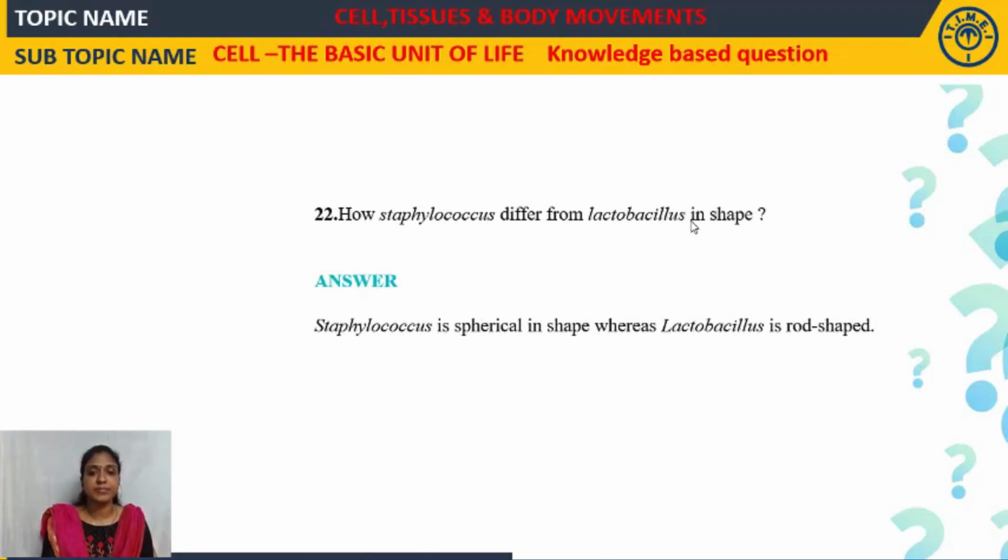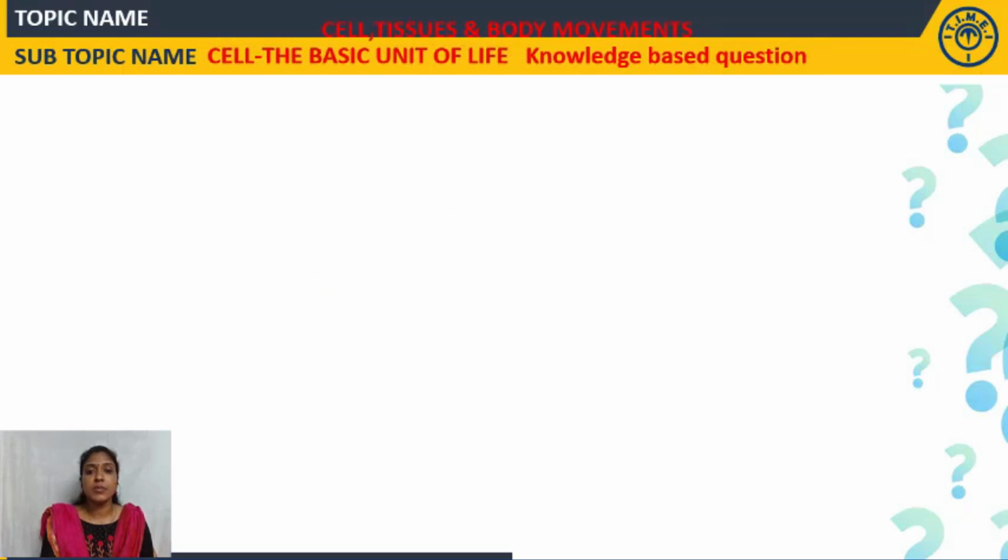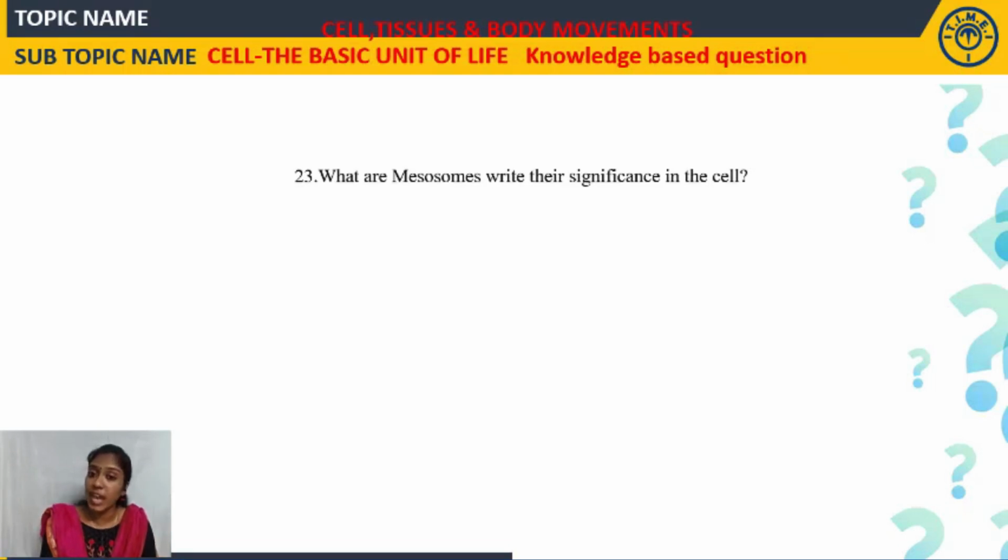Then, moving on to the next question, question number 23. What are mesosomes? Write their significance in cell. Mesosomes are invaginations or extensions of the cell wall, which can be seen in the prokaryotic cell. And what is their significance?